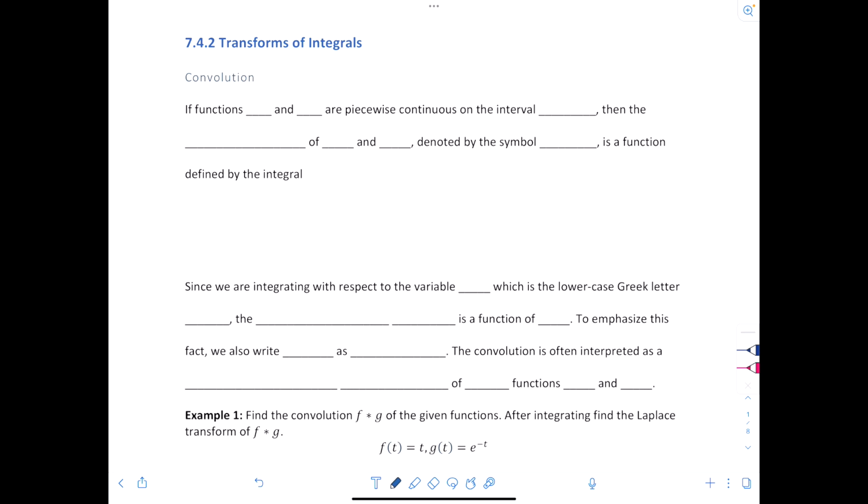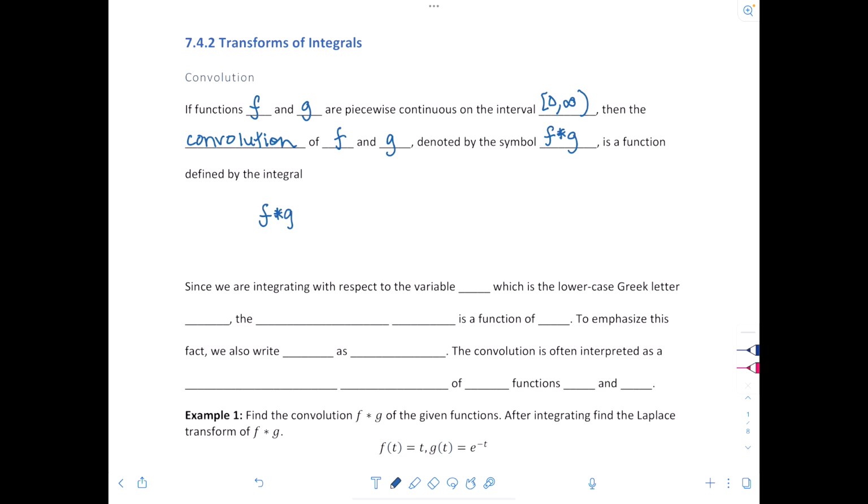Convolution. If functions f and g are piecewise continuous on the interval from 0 inclusive to infinity, then the convolution of f and g, which is denoted by a star symbol in between them, so f star g, is a function defined by the integral.